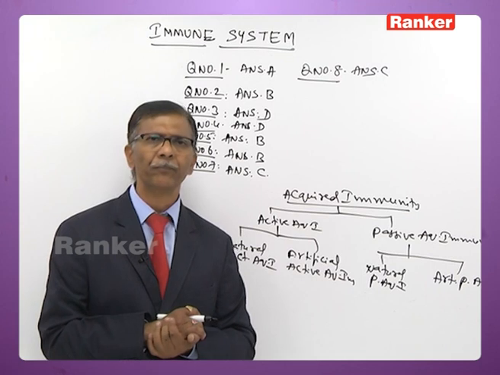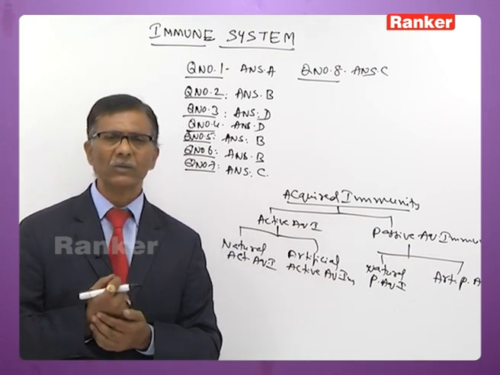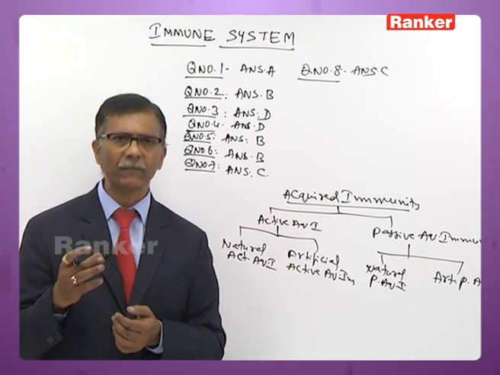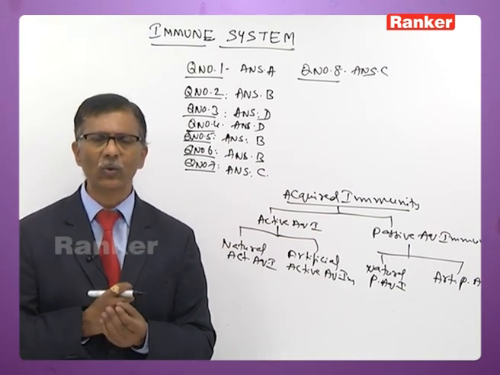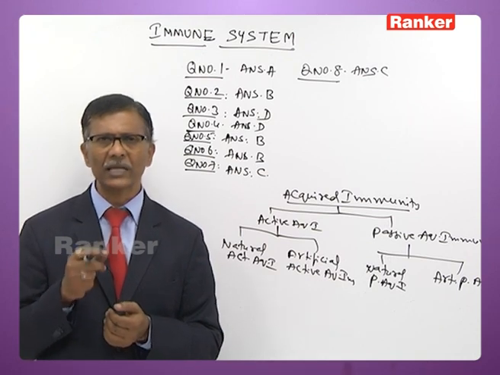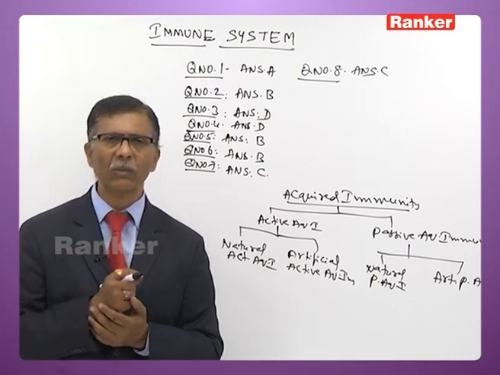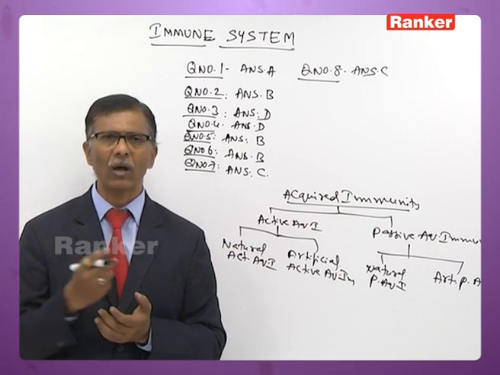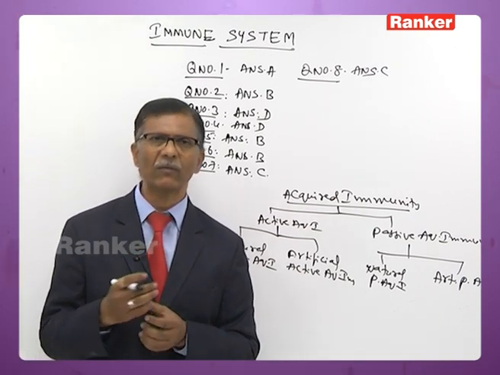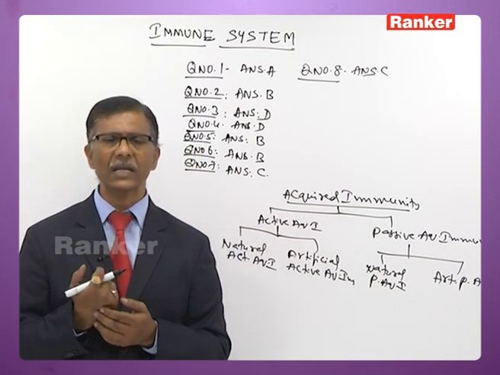Suppose a person who has suffered from smallpox or chickenpox develops immunity throughout his or her lifespan due to formation of antibodies. When the smallpox or chickenpox virus enters the human body, it induces B lymphocytes, which are responsible for the formation of plasma cells and memory cells.